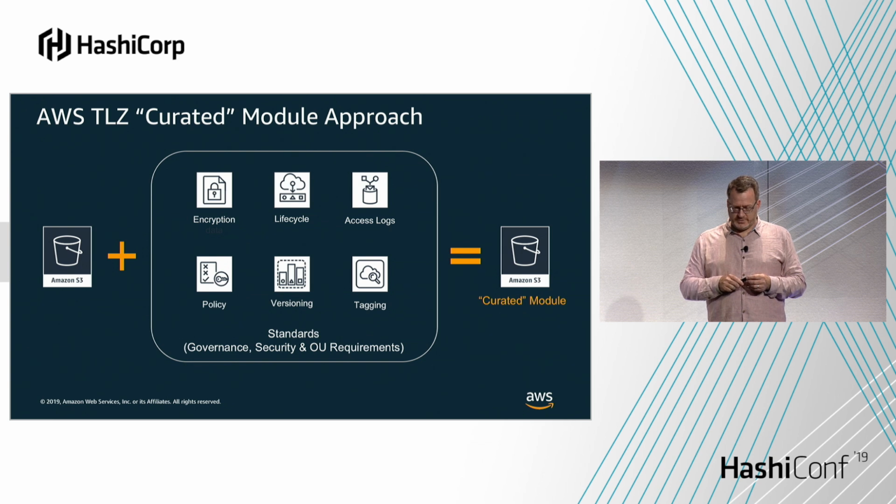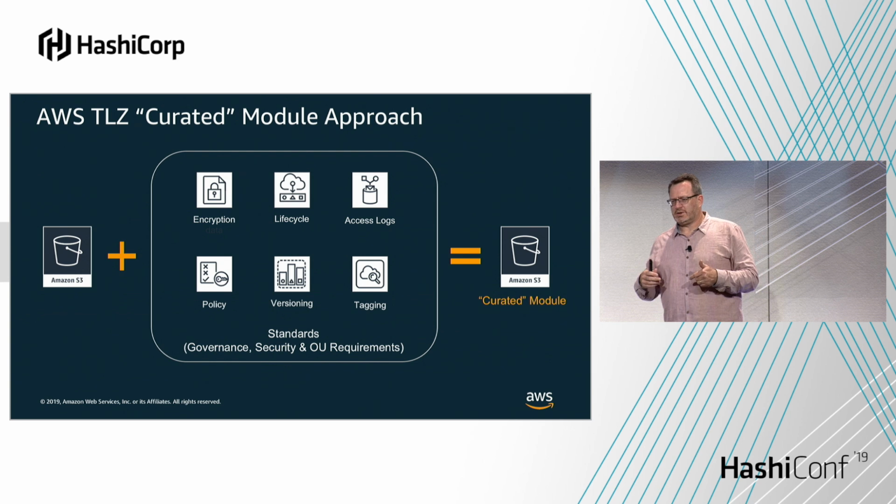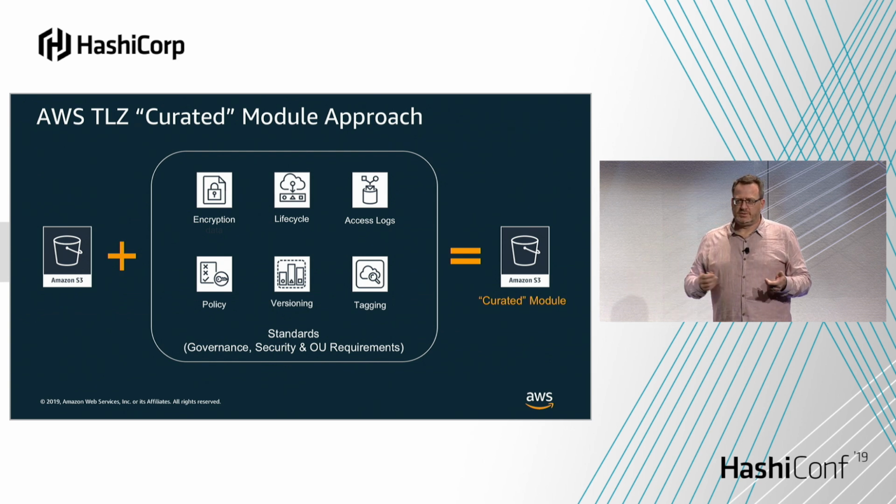But the curated module has been really powerful that we've seen in a couple of the pilot customers. What they're able to do with this is build up a portfolio of modules that the business then comes and grabs, and a lot of times we have Sentinel policies that make them conform to this. So if you remember, what we recommend is you set up the guardrails. But this is the cloud.